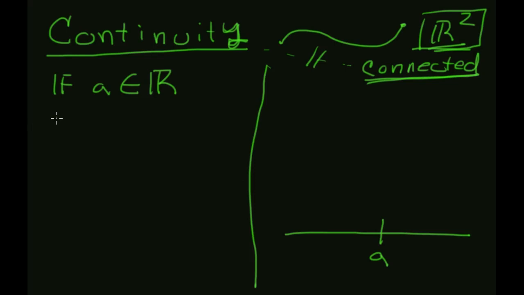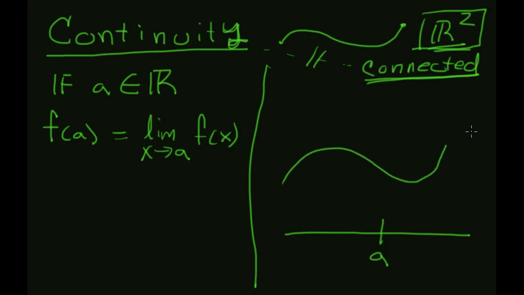Now, if a is a real number and f of a is equal to the limit as x approaches a of f of x, okay, so I have some function f, right? And this value here would be f of a, right?